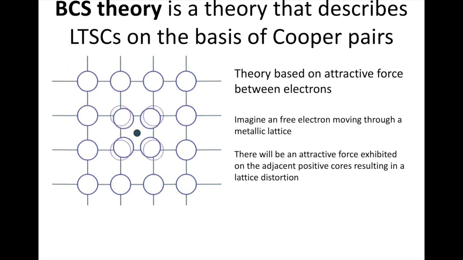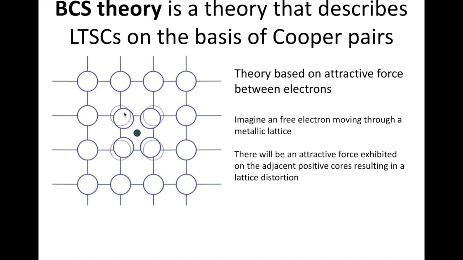So for this theory, imagine that you have a metal. You have the crystal lattice here, and you have free electrons. We're going to look at one free electron here, right? As that free electron is moving through a metallic lattice, this free electron is negatively charged, right?